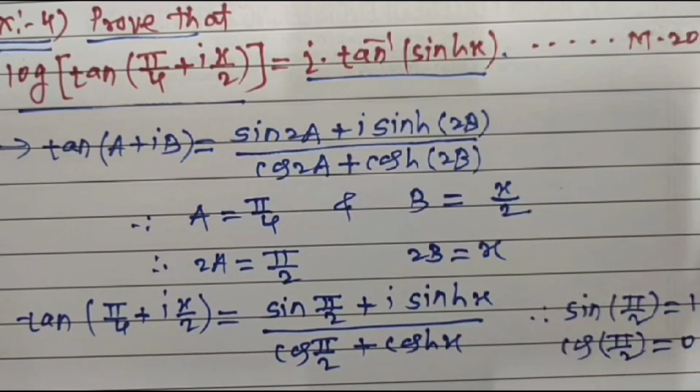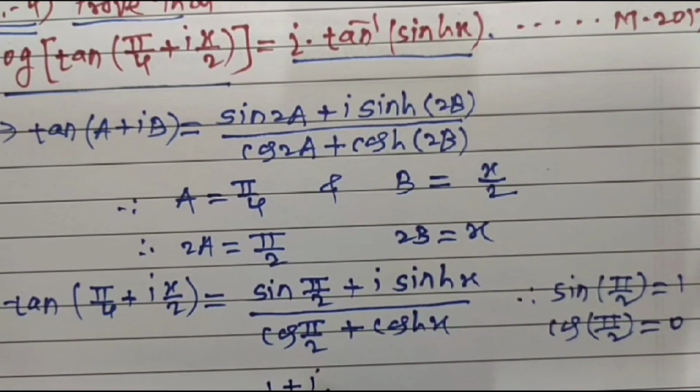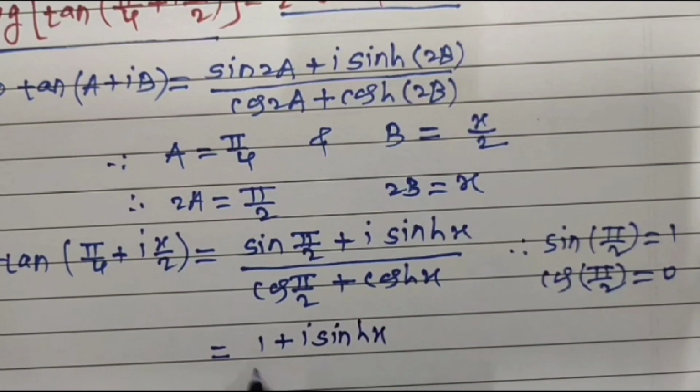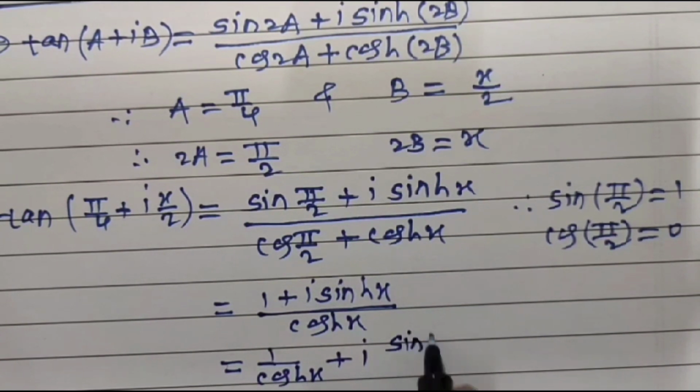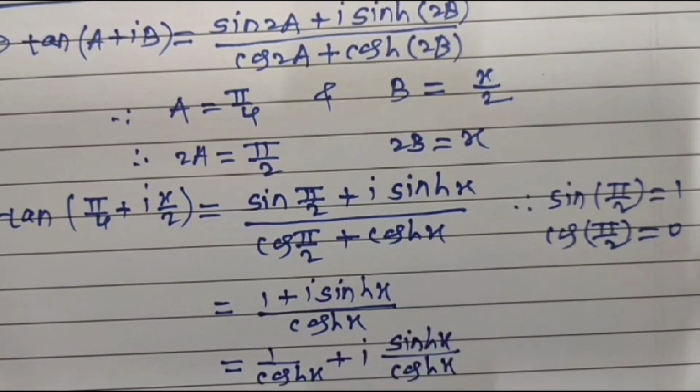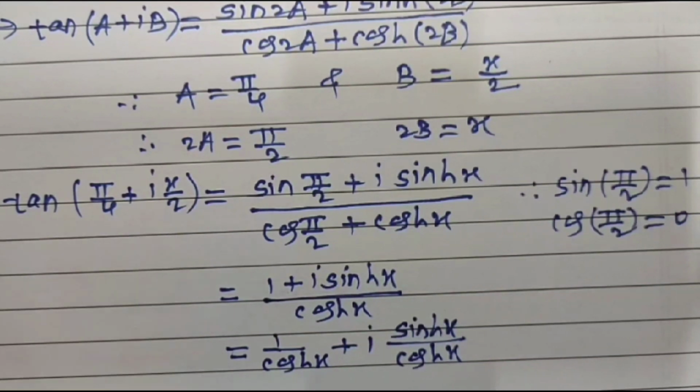Substitute these trigonometrical values on the right hand side. Then this can be written as (1 plus I into hyperbolic sin x) divided by hyperbolic cos x. And now this can be written as 1 upon hyperbolic cos x plus I into hyperbolic sin x upon hyperbolic cos x.